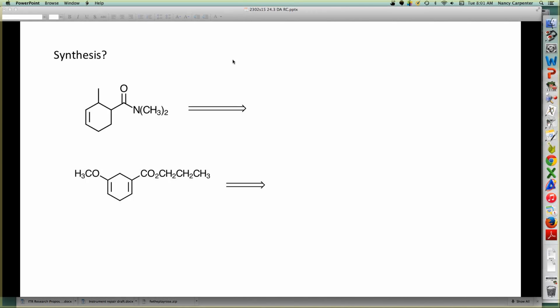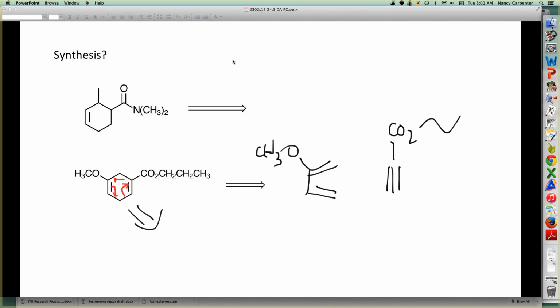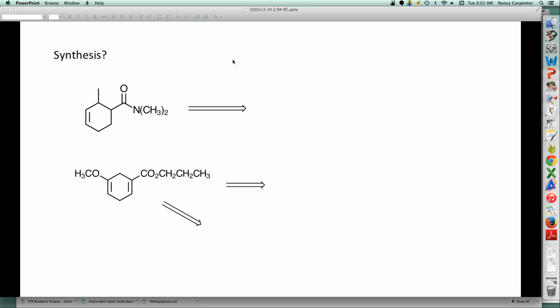I could either start with this one, and I could do that, in which case I end up with this diene and this dienophile, or I could end up doing it, how about if we start with this guy, and it doesn't matter if I go clockwise or counterclockwise, that's totally immaterial. Boy, that's a mess.